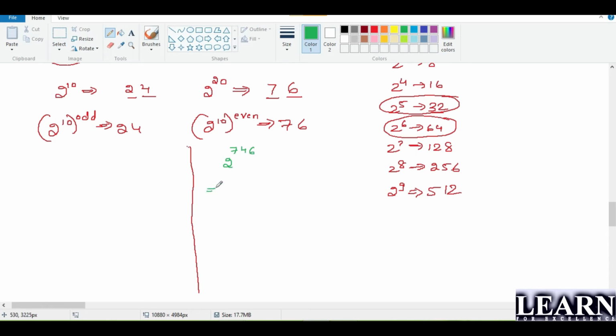What I have to do first is convert this in terms of frequency of 10. 746 is nothing but 2 to the power 740 into 2 to the power 6, so 2 to the power 10 to the power 74 into 2 to the power 6. Is it clear?